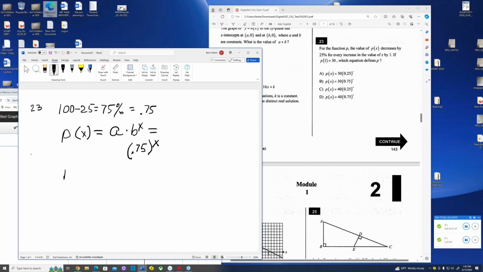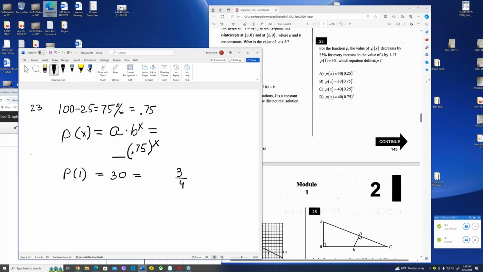And we know that P of 1 equals 30. Actually 0.75 is 3 over 4 to the power x.